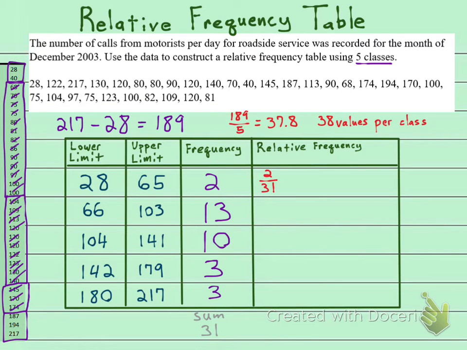Usually we round our decimal values to 2 places if it runs over. So the first class, 28 to 65, had 2 data values, and that relative frequency is 2 out of 31. The next one is 13 out of 31, 10 out of 31, 3 out of 31, and 3 out of 31.